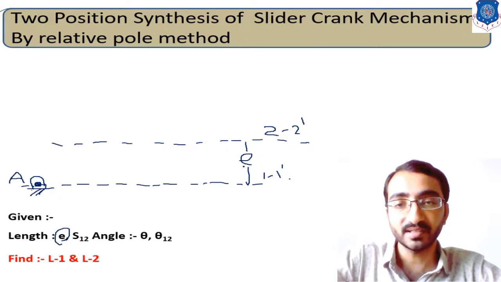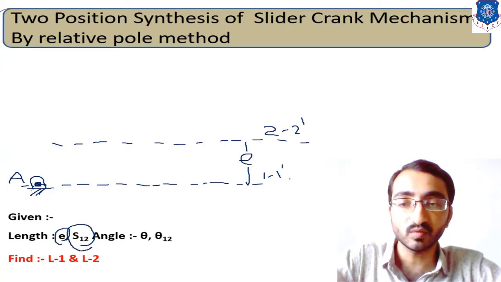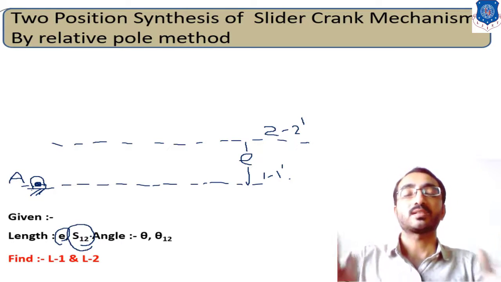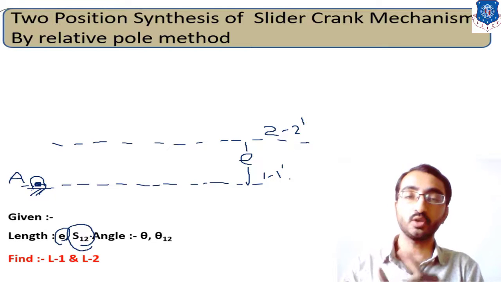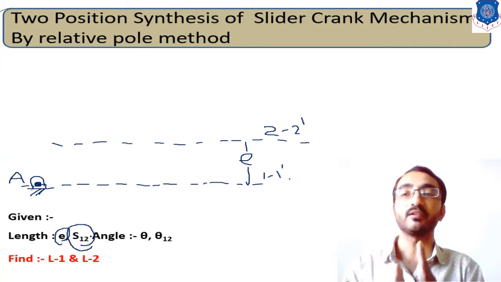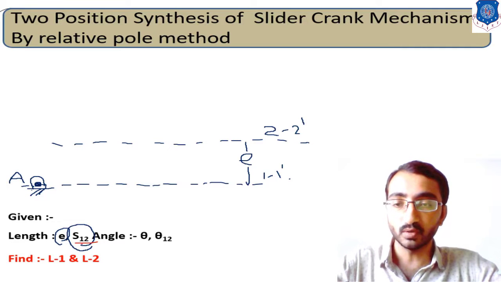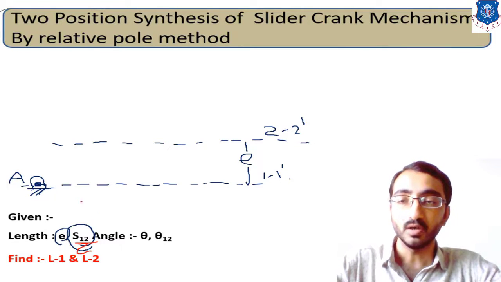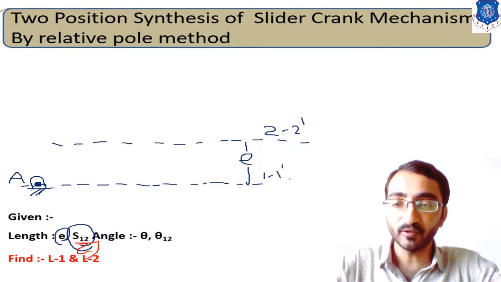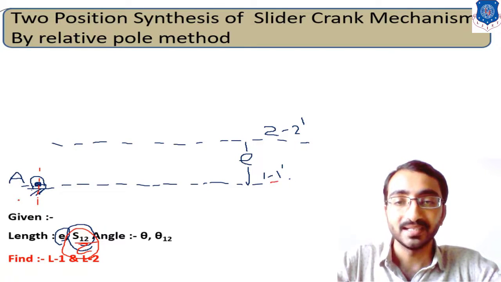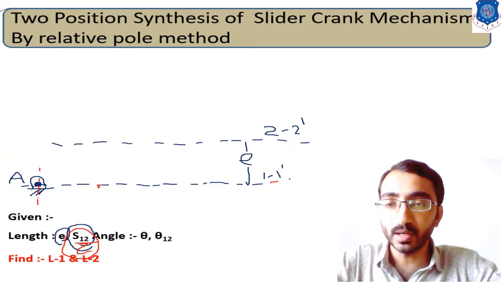Now after sketching these two, let's consider the second data, that is S12. S12 is the slider displacement from position number 1 to position number 2. Here we have to select S12 by 2, the half of your displacement, and this will be represented with respect to this fixation point A. So from your 1 dash line, take S12 as your reference line.